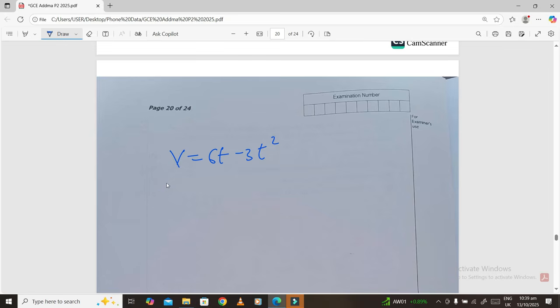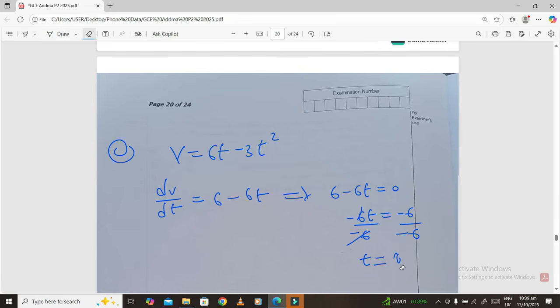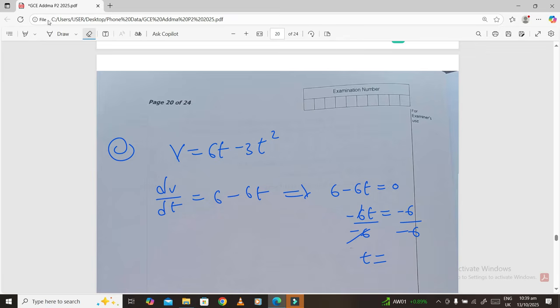So we find the acceleration of this, because this is question C, dv/dt, this will be 6 minus 6t. So we equate this to 0: 6 minus 6t is equal to 0. Negative 6t is equal to negative 6, divided by negative 6 by negative 6. So the value of t will be equal to 1.